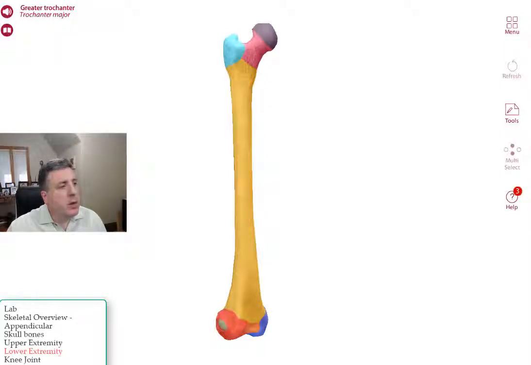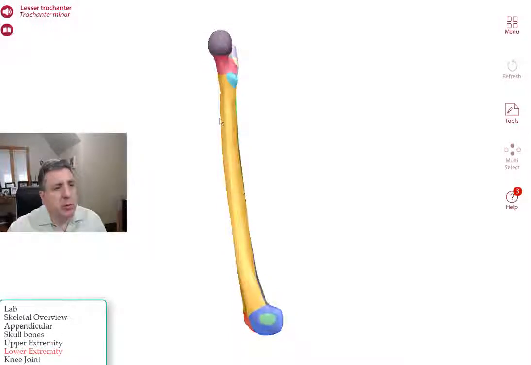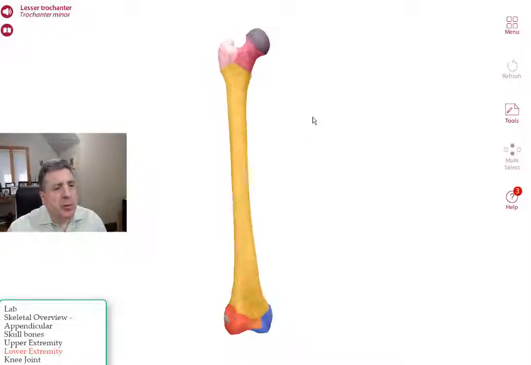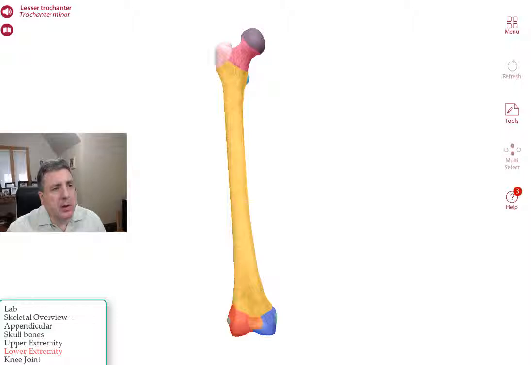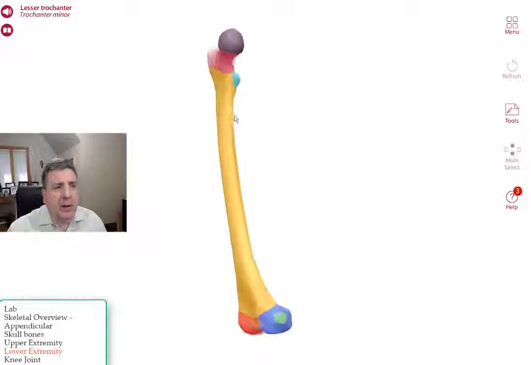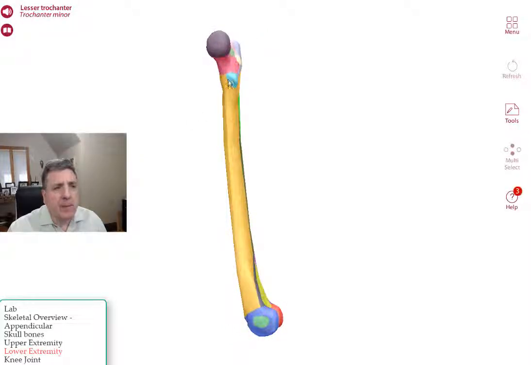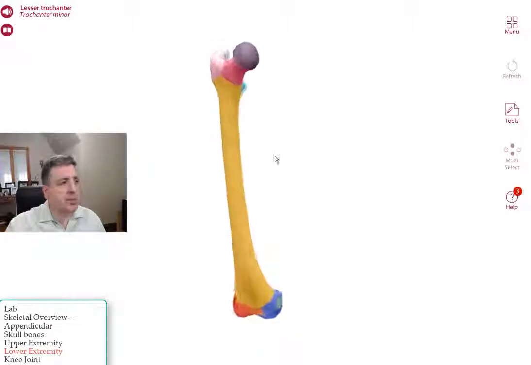The lesser trochanter, you can imagine, is going to be a little bit smaller, and that's this blue piece here. Looking at it anteriorly, the large lateral side is the greater trochanter, and then we've got this smaller little bump on the side, more posteriorly. That's the lesser trochanter, and that's the attachment site for the psoas major muscle.